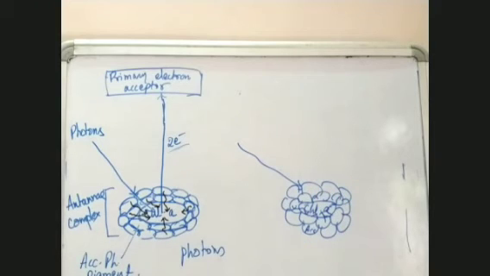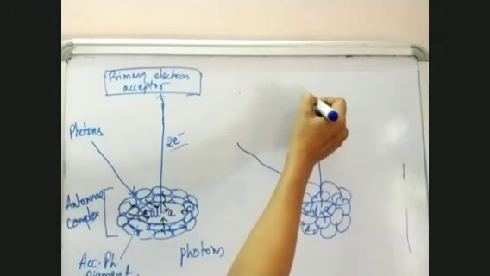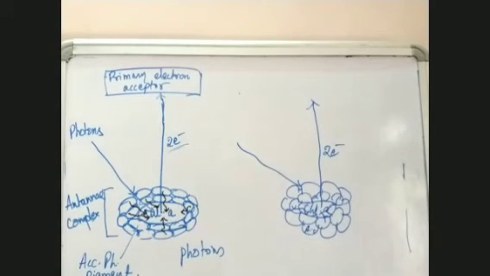Because the energy level rises, a pair of electrons gets excited, and that pair of electrons comes out of its shell. Now, in the artificial system, we do not have any primary electron acceptor, like we have in the natural condition.